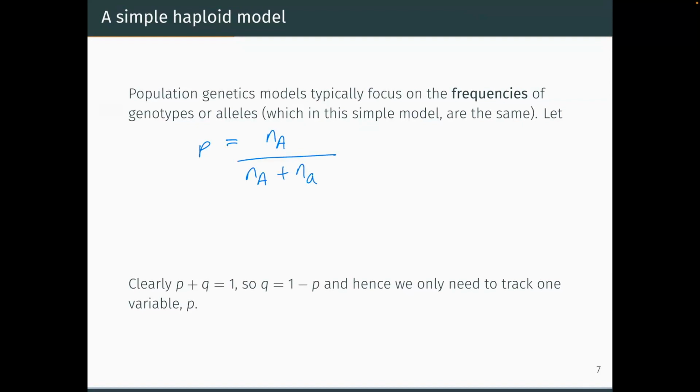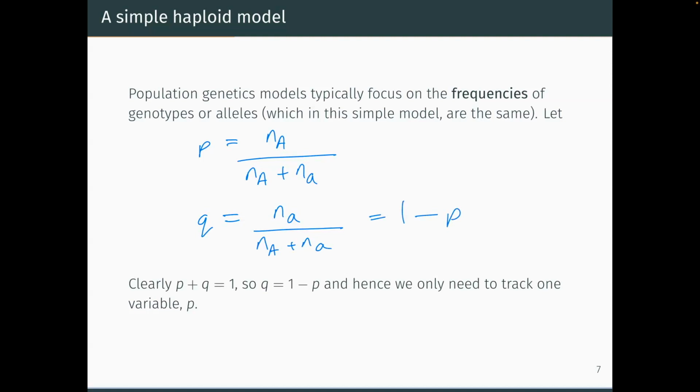These could have t's in them, but I've dropped the t's just for brevity here. Likewise, q is going to be our proportion of individuals that have little a as the allele. And clearly this is just equal to 1 minus p because there are only two types in the population. These proportions, p plus q, have to equal 1.